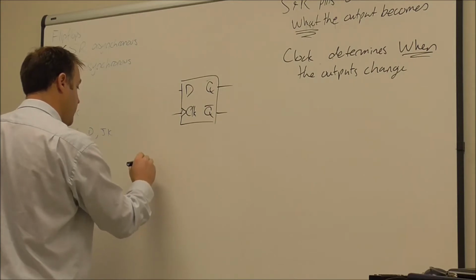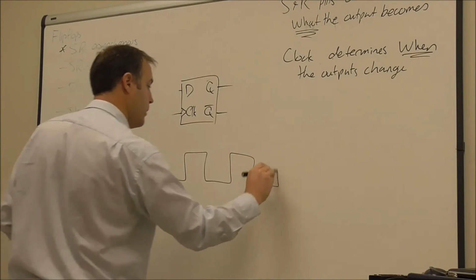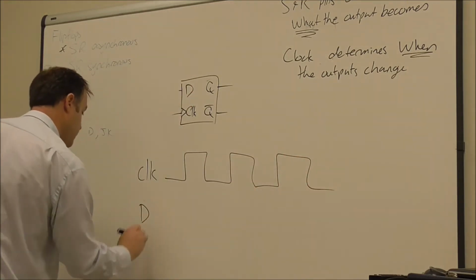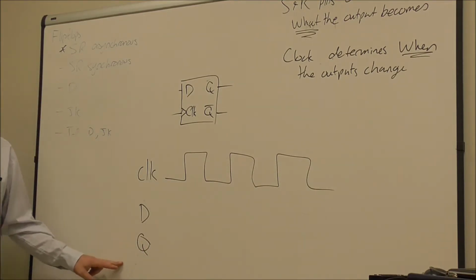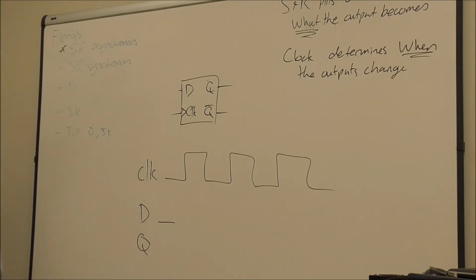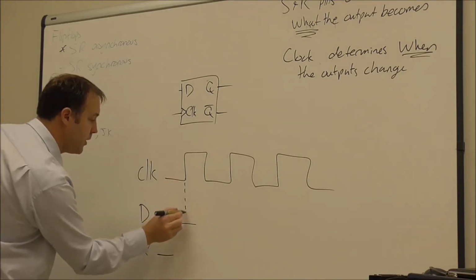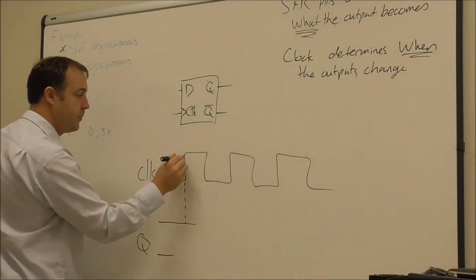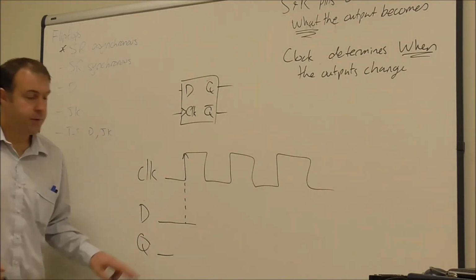I'm not going to bother putting Q on this one because we all know what Q bar would look like, just the inverted version of it. Okay, so if D was low, and let's say Q was low, if D was low on the next rising clock edge, in this case, then Q stays low.